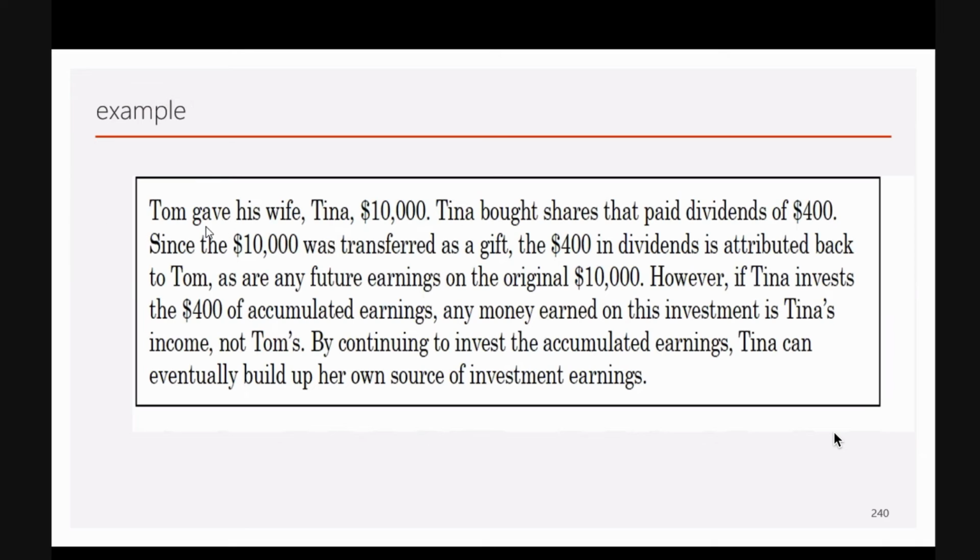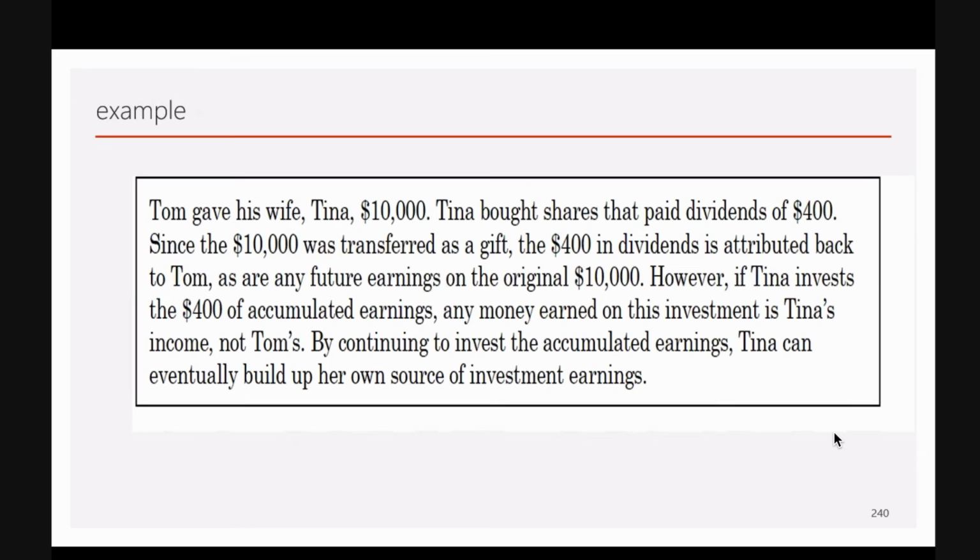That means Tom needs to report that dividend on Tom's tax return. Tom reports the 400 dividend because Tina is Tom's wife. They are spouses. If it's a brother, no. If Tina is a brother of Tom, or Tina is a sister of Tom, no. Then Tina needs to report the 400.